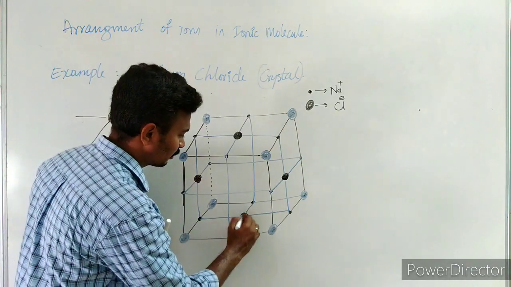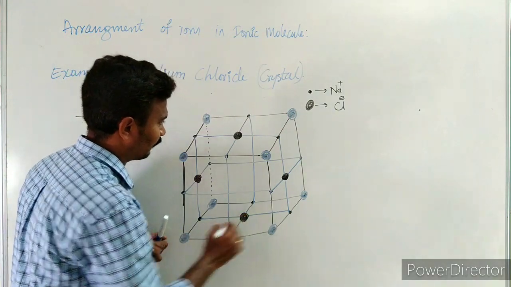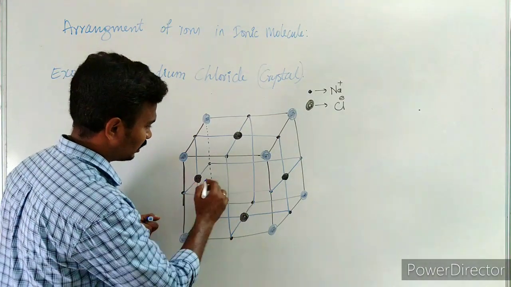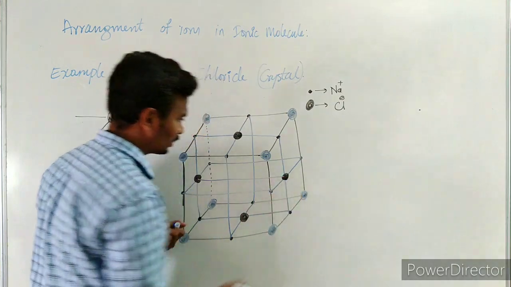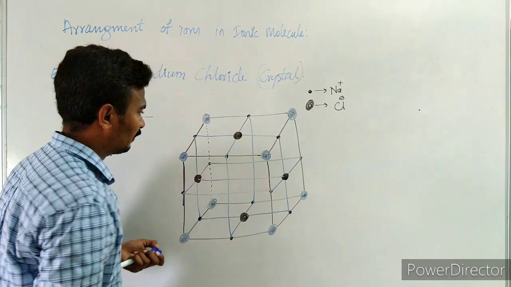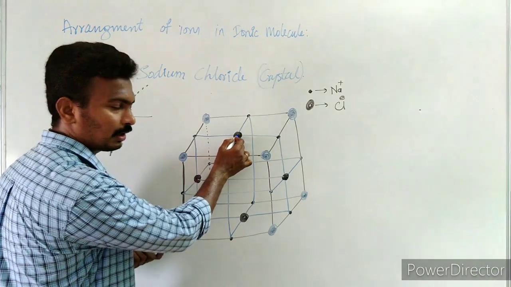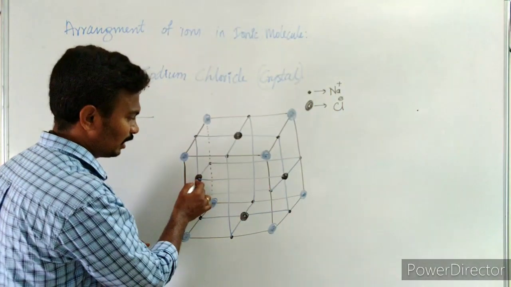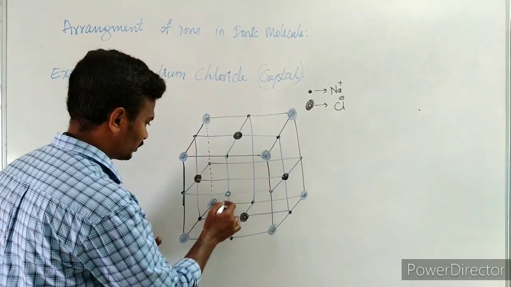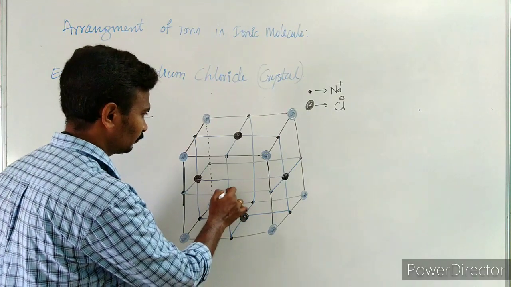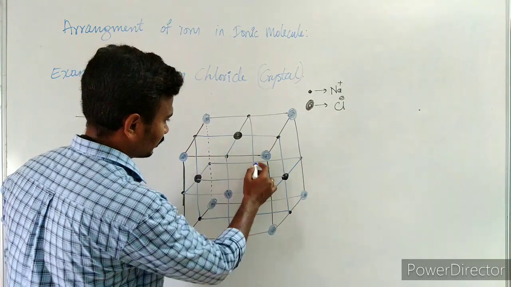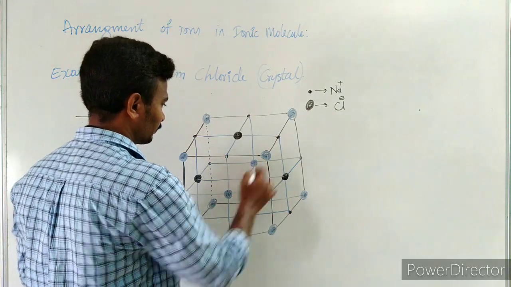These ions which are present at the center of the face will be joining each other. Now again see here, they will be bonded to each other and forming a bond like this. So at every center of the face, this is the top face, this is the right face, left face, bottom face, this is a front face, and this is a back face. The center of the back face is this.